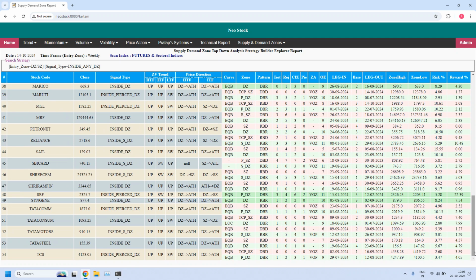So total 54 stocks are filtered. In all these 54, the prices are currently closed inside the weekly demand zone.